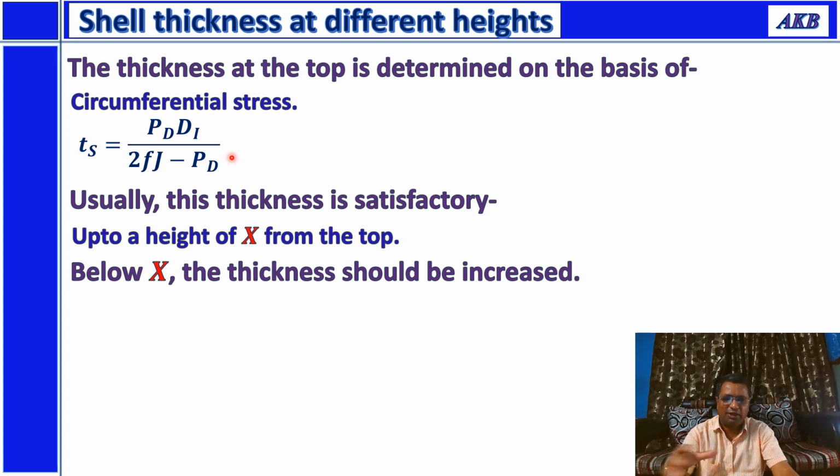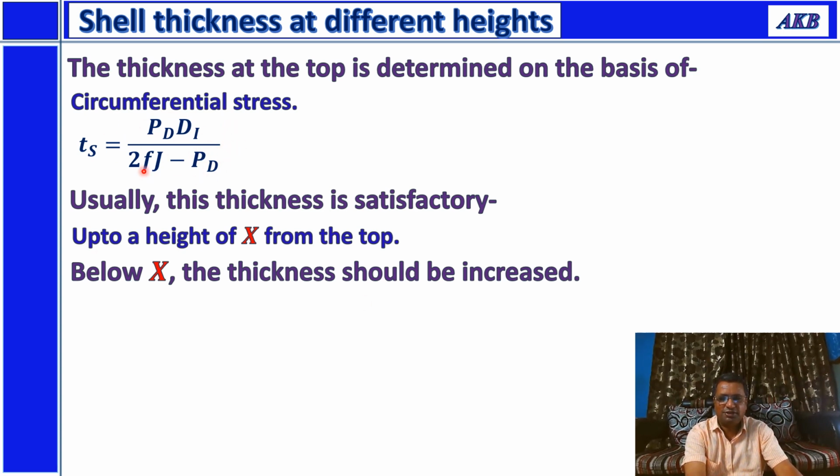In my next video, I'll be discussing a numerical based on calculation of thickness, so you'll understand that concept there. For the time being, first we will calculate the thickness at the top by using this formula. Then for the selected height of X, this thickness will be satisfactory. That means up to X, the design criteria will be satisfied, but below X, the thickness has to be increased.